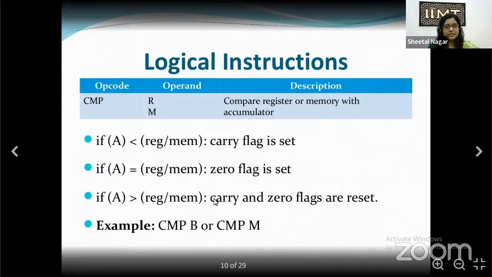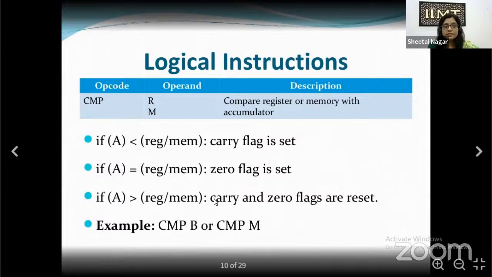In the first case, if the contents of the accumulator are less than the contents of the register or memory, M represents memory here. Later we will discuss what this M is.